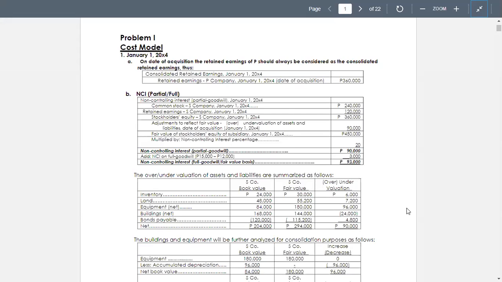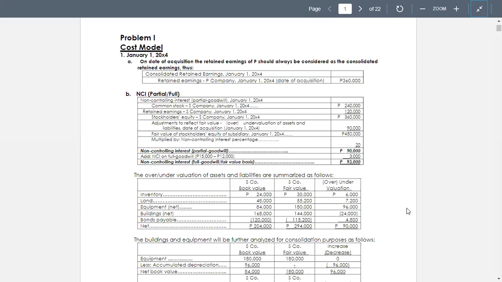It will be credited for net loss and for dividends. So what we mean by equity method is that the investment account balance will be carried at its equity balance and not at cost.